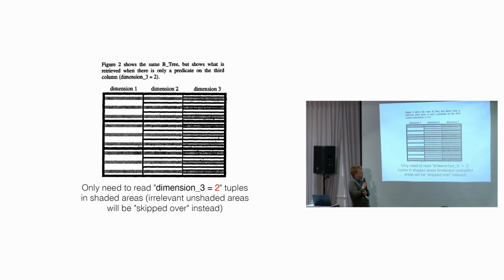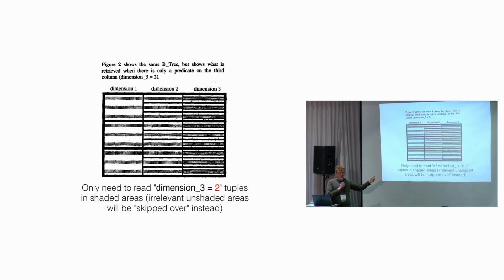Here there's like 27 distinct combinations of dimension 1, dimension 2, dimension 3. That is 3 multiplied by 3 multiplied by 3. So when we get to these unshaded areas, we can skip over that part of the index and pick up at the next shaded area. So this is obviously a very simplified example, but in the real world, what we would actually be doing is, this is accessing about 1/3 of the index rather than doing a full index scan.